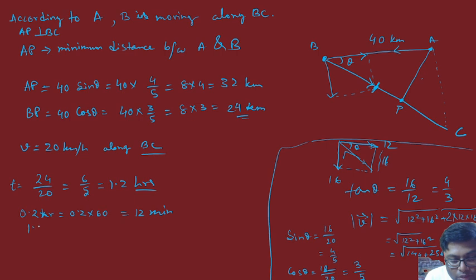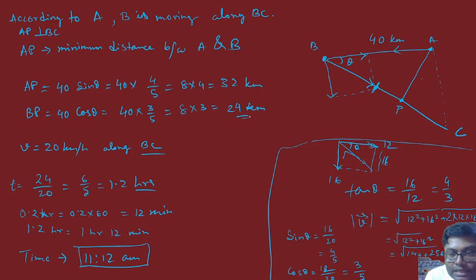So 1.2 hours means 1 hour 12 minutes. So the time will be 11:12 AM, and the minimum distance will be 32 kilometers. That's it.